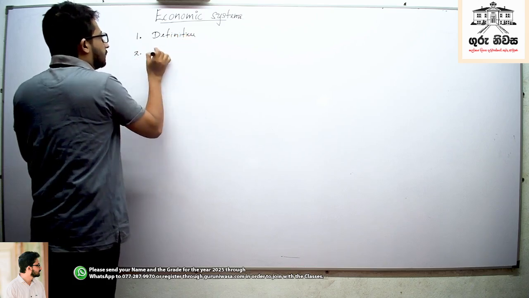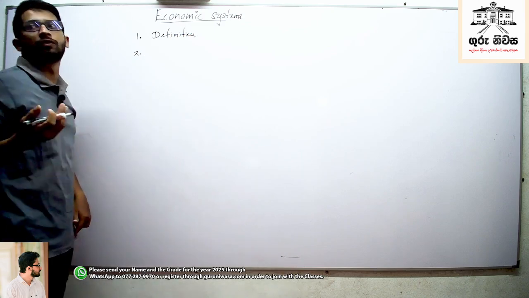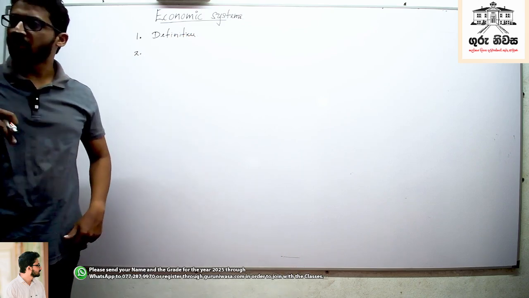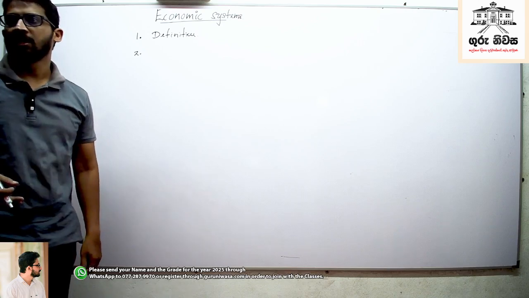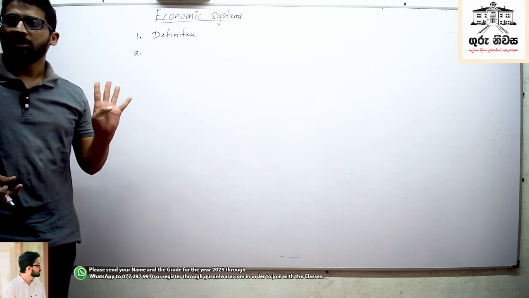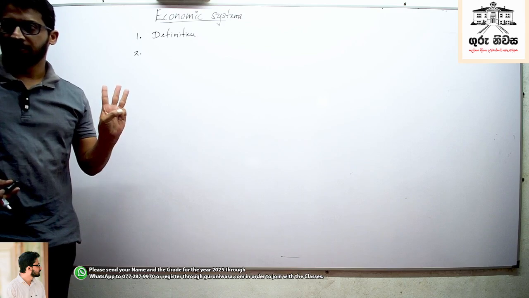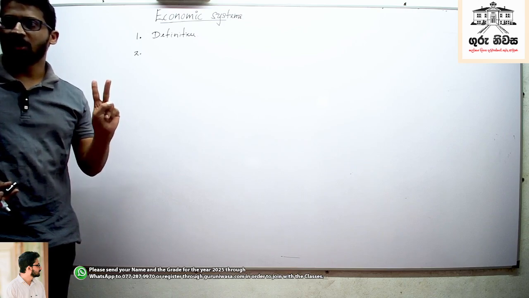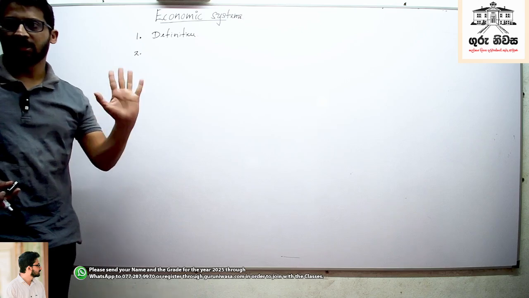Second one is categorization of economic systems based on different criteria. Mainly there are three criteria, plus two are critical. What are the criteria?